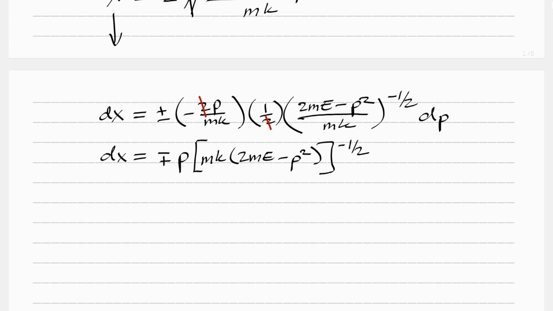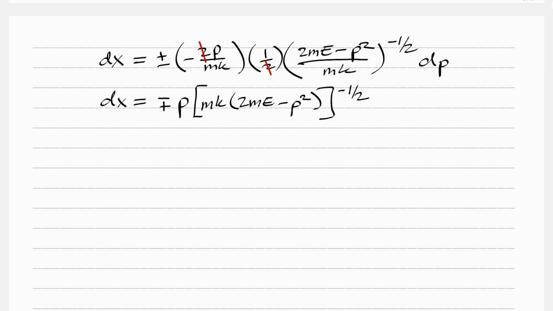And so you can actually bring that mk into the square root, which cancels with the 1/2 power of mk in the denominator of the square root. And anyway, you see the algebra works out like that. Okay, so from here we have a much better form of our element dx.